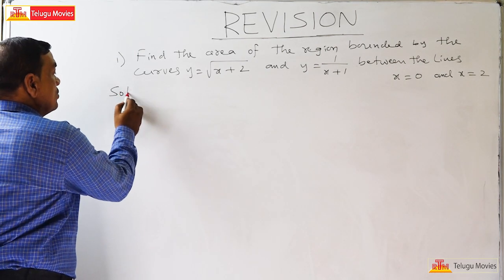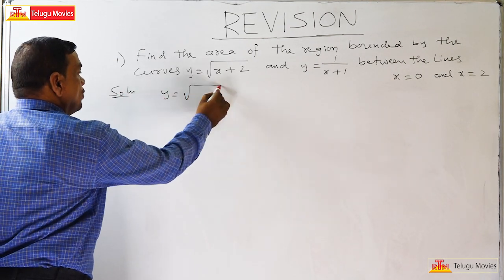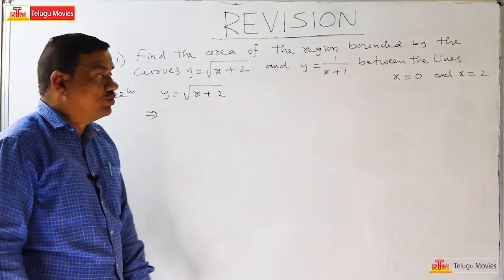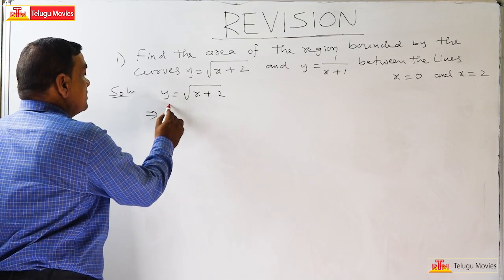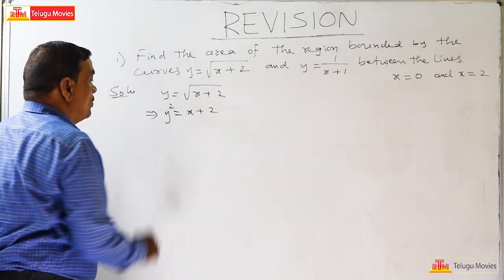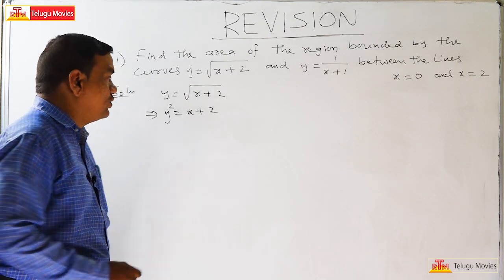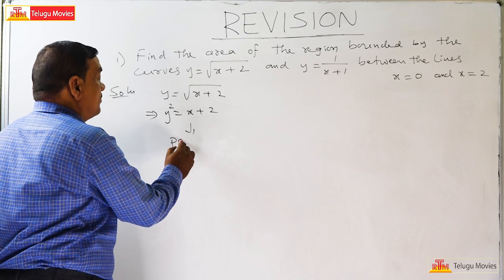First, there are two curves. y equals root of x plus 2. Let us square both sides. So y squared equals x plus 2, which is clearly a parabola.